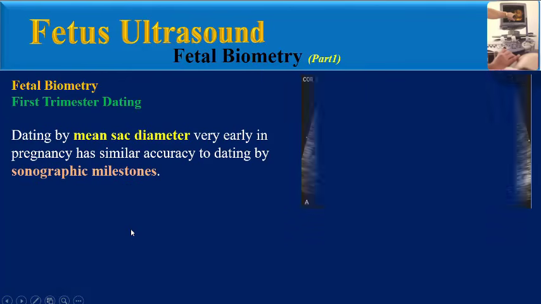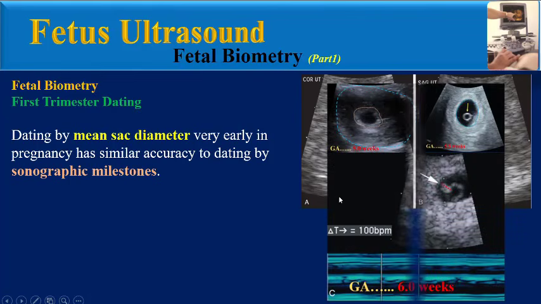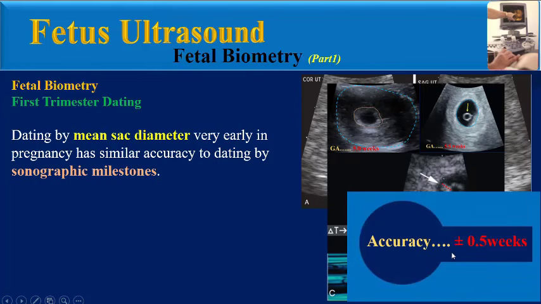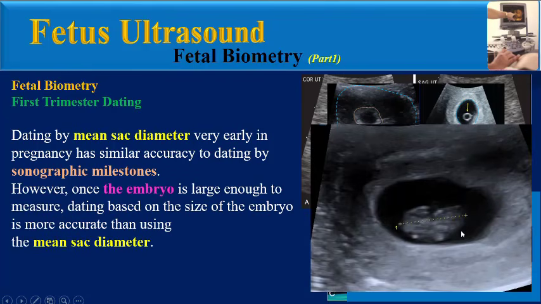Dating by mean sac diameter very early in the pregnancy has similar accuracy to the sonographic milestones, with accuracy of plus or minus half of a week. However, once the embryo is large enough to measure, dating based on the size of the embryo is more accurate than using the mean sac diameter.